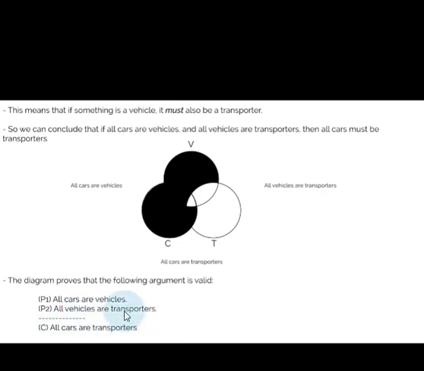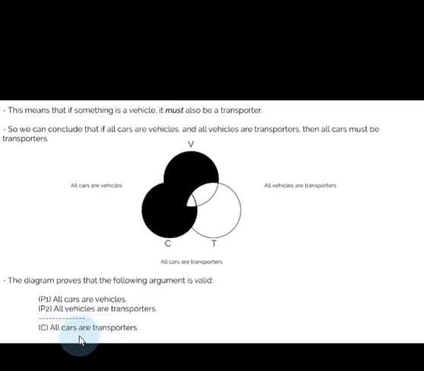So if this was your initial argument, and all you did was represent premise number 1, right here, and then premise number 2, right here, then you can check: does the whole thing also say that all cars are transporters?